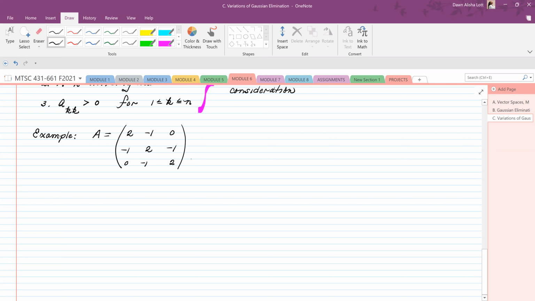So now I'm going to take the vector X, which is X1, X2, X3.